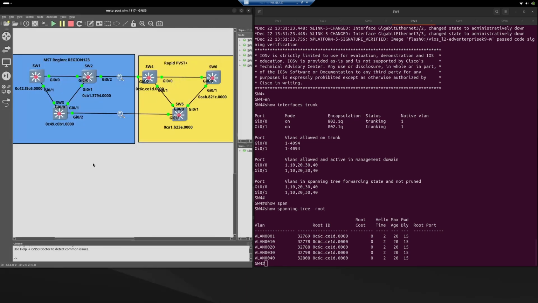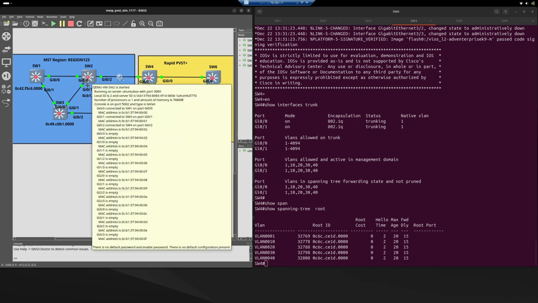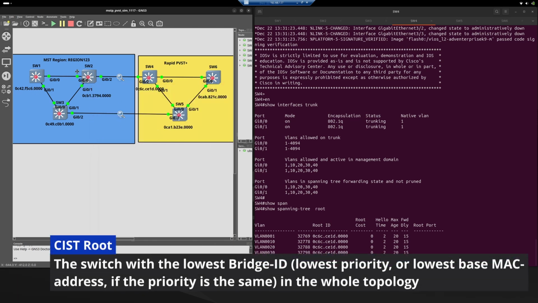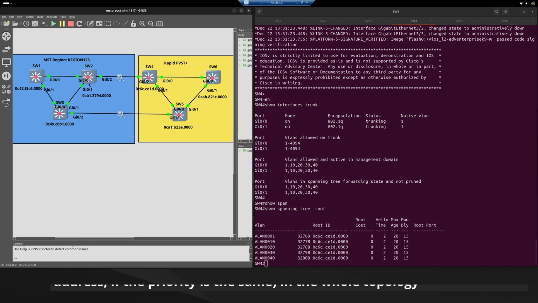And let's determine beforehand which switch is going to be the CIST root if I no-shut these interfaces. So we have two choices. The CIST root is either in the MST region, which is the recommended way, or in the PVST plus domain.